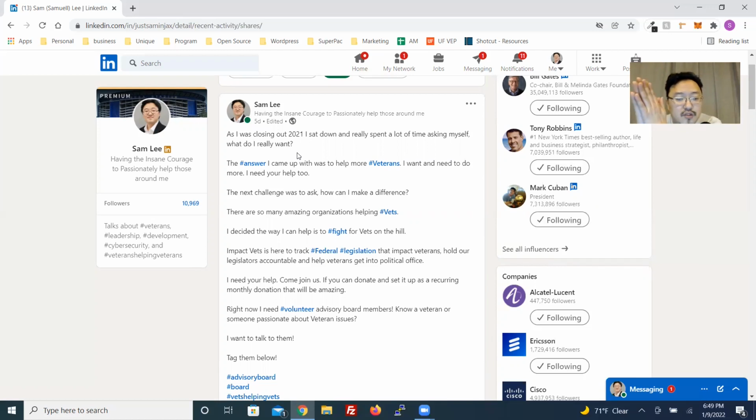So what you want to do is split it up. About every sentence or two, put in a break, right? So if you look at my post here, every sentence I put a line space in between. It does make my post longer, but it makes it easier to read, especially if I'm sitting on my phone and looking at the post on my phone.